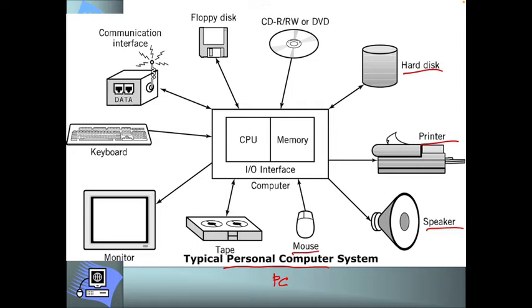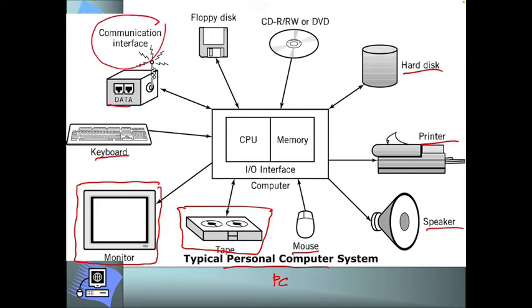Tape is something that we used before this, but we don't use tape anymore. Then we have monitor as output, but right now, as I mentioned before, we can use a touchscreen monitor as input also. Keyboard for the input.